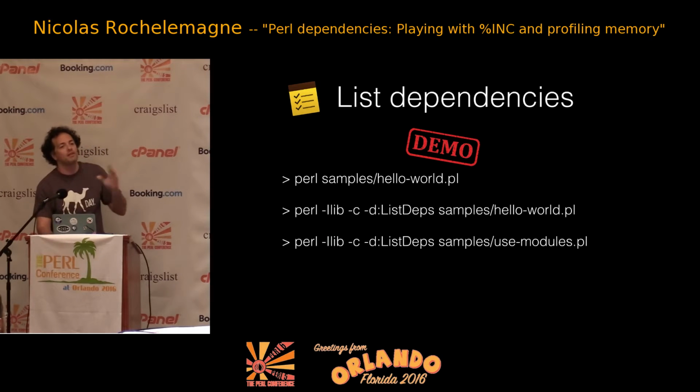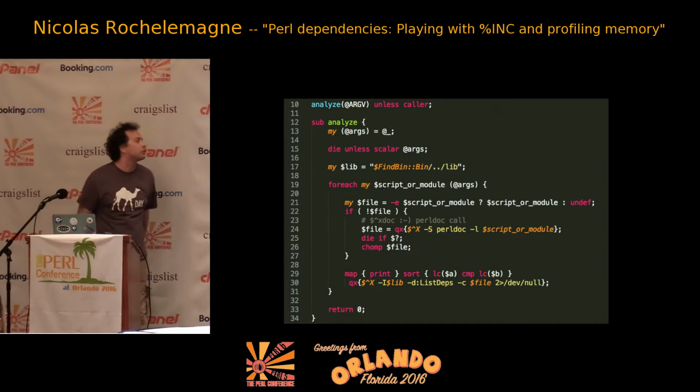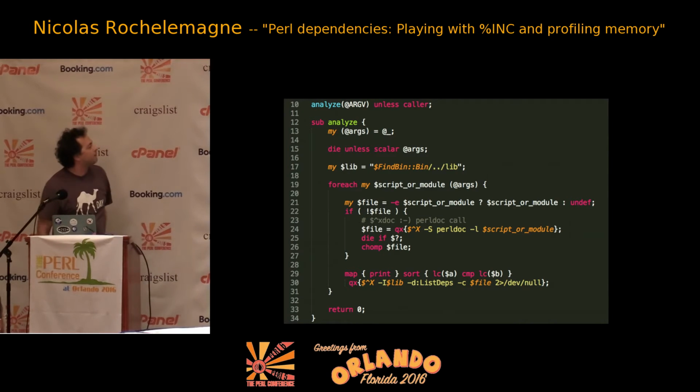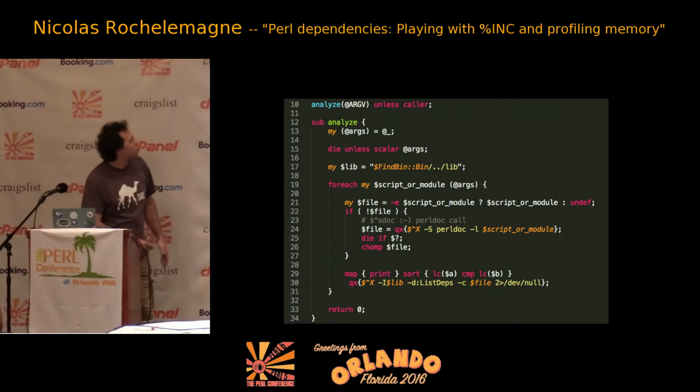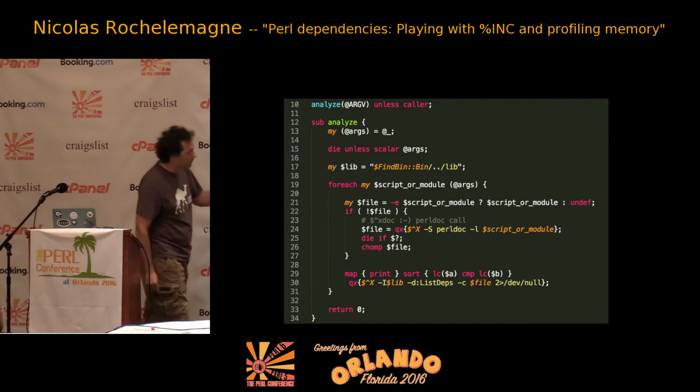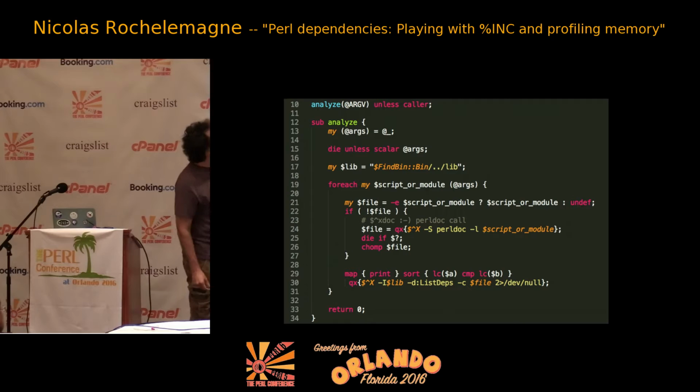Let's try to wrap this in a simple script that I would be able to use much more easily. So this is a simple program where I'm just going to provide it a list of files. For each one, it will be either a file or a module.